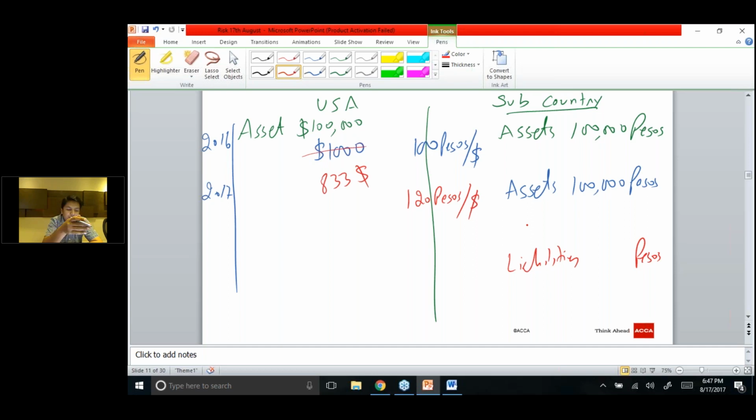If assets lose value, we face loss. But if liabilities lose value, we definitely have gain. So obviously, let's suppose liabilities are 60,000 pesos, that means on 100,000 pesos we will face loss, on 60,000 pesos we will gain. So that means we have a risk of only the net exposure.